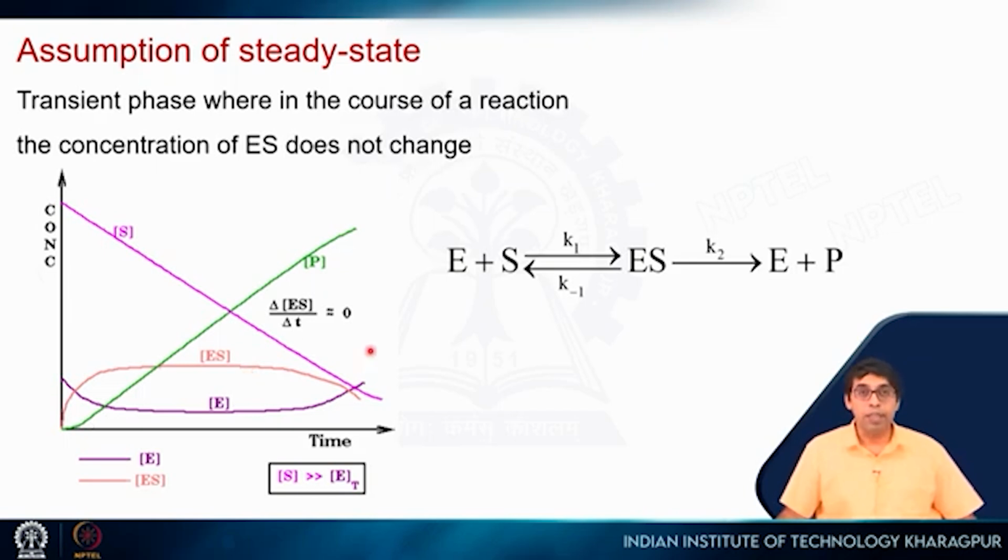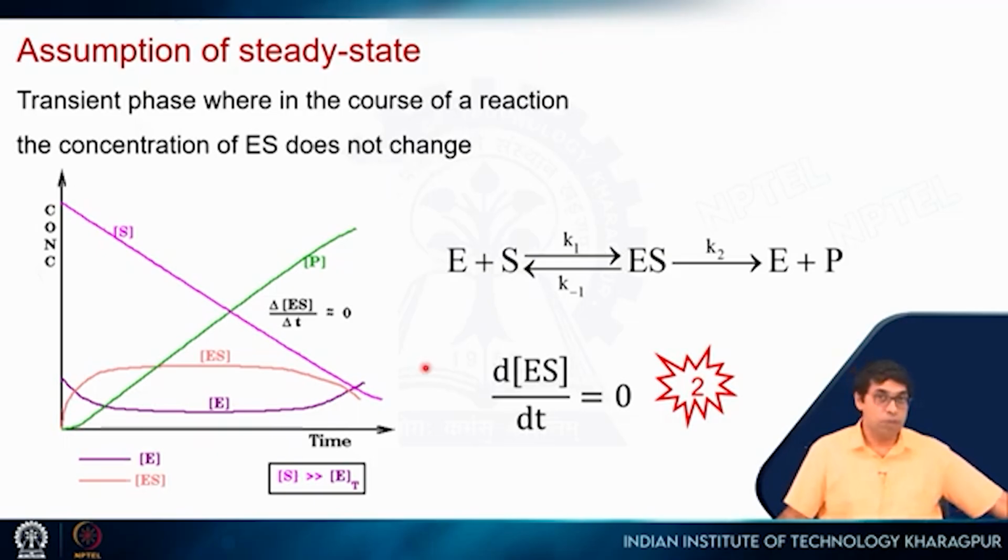Michaelis and Menten correctly assumed that there will be a steady state where the enzyme substrate concentration does not change as a function of time. So dES/dt will be 0. Let's say this is our equation 2.